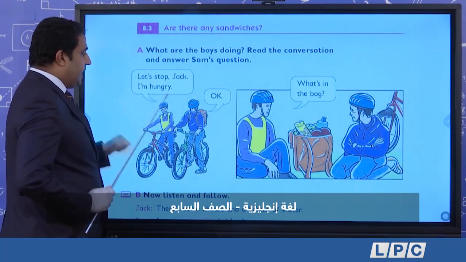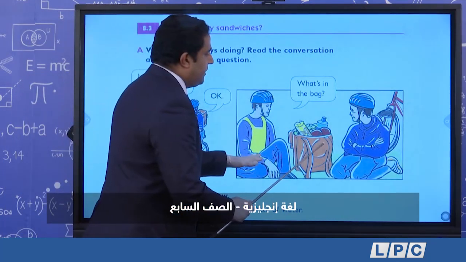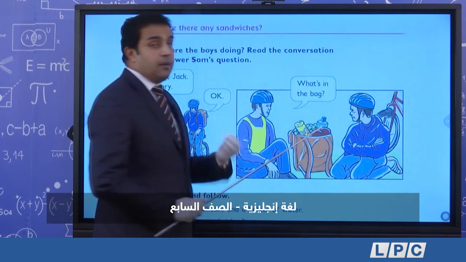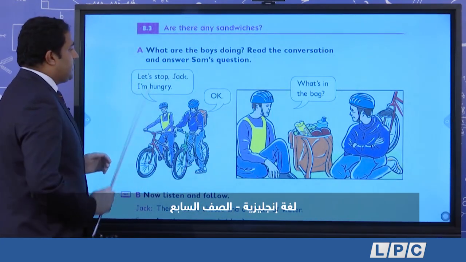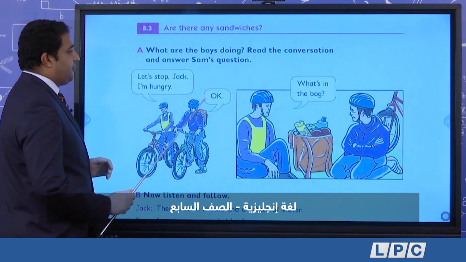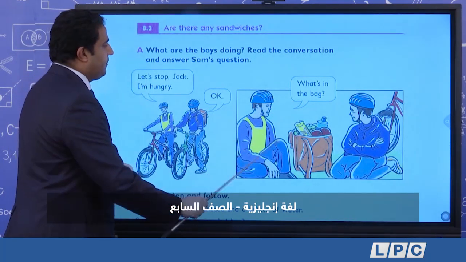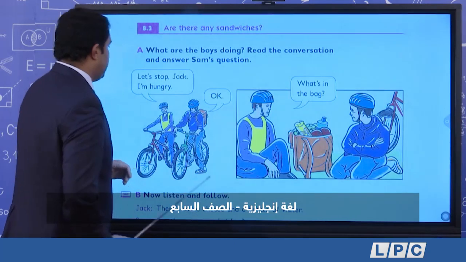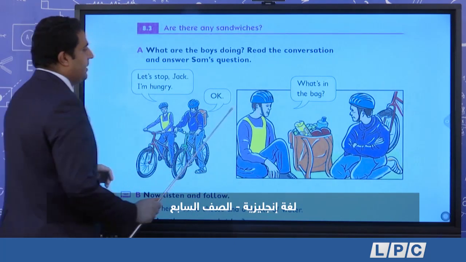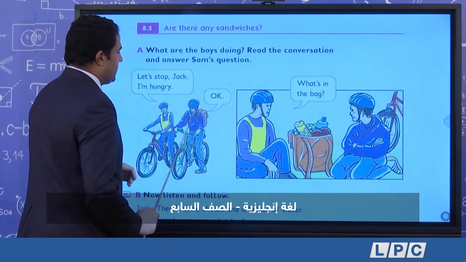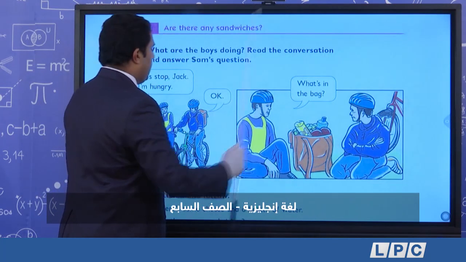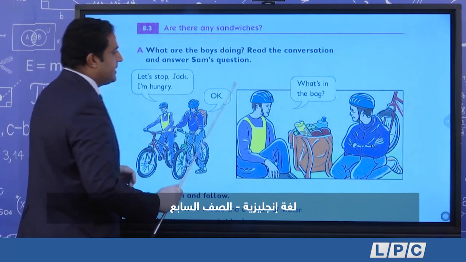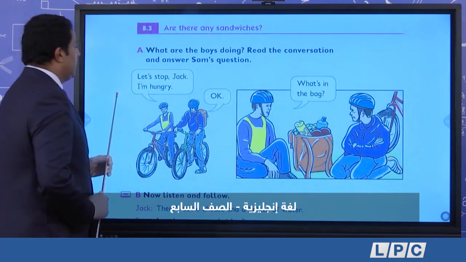The boys are cycling, and here the boys are going to have some food. This is the conversation between Sam and his friend. Let's give him a name: Ali. So this is Sam, and this is Ali.